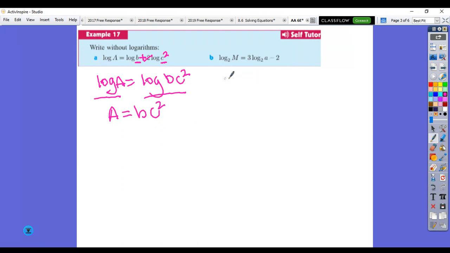I need to condense. So my left side is already done. This needs to move back to being an exponent. The problem is this one doesn't even have a log. So I need to replace 2 with a log base 2.